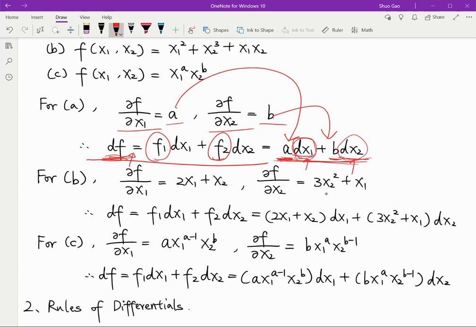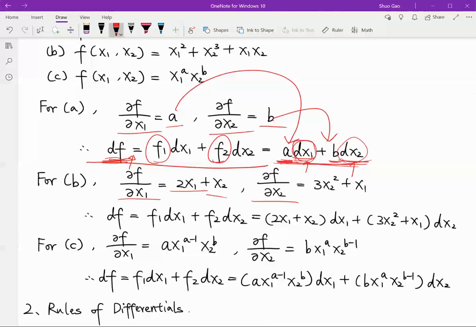So the first is partial f over partial x1, and the second is partial f over partial x2. Taking the partial derivative with respect to x1, this becomes 2x1 plus x2. We just consider x2 as a constant when we take the partial derivative with respect to x1.